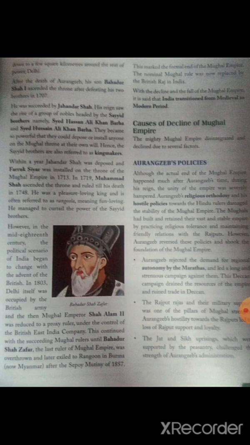So this continued with the succeeding Mughal rulers until Bahadur Shah Zafar, the last ruler of the Mughal Empire. It is very important to remember who was the last ruler of the Mughal Empire. It was Bahadur Shah Zafar, and he was overthrown by the Britishers and later exiled to Rangoon.